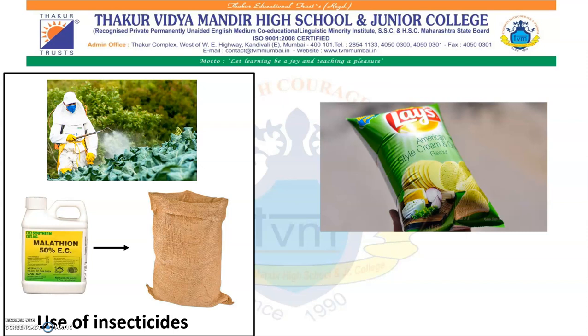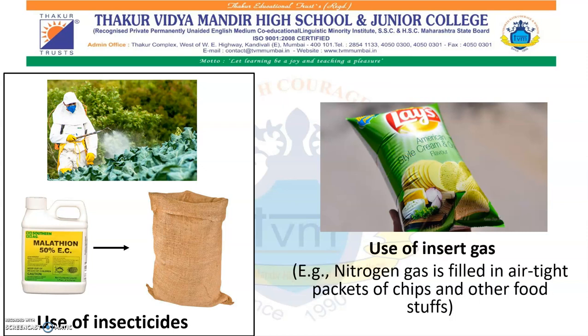Whereas nitrogen gas does not react with the food, so it prevents the growth of fungus and insects in them. This is the reason that nitrogen gas is filled in the airtight packets of chips as well as other foodstuffs. So this is one method of food protection by the use of inert gas.